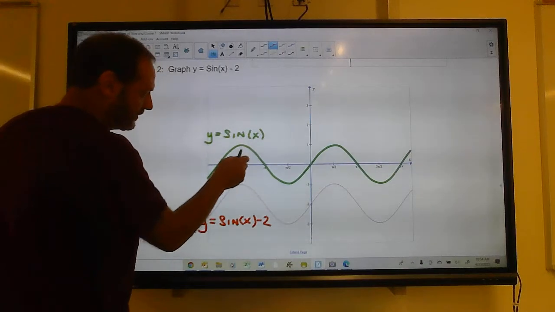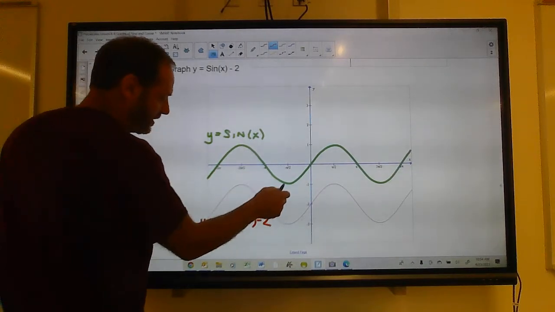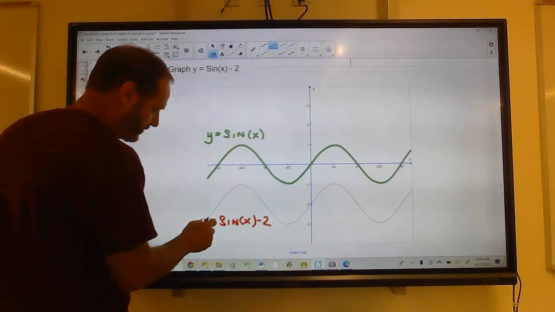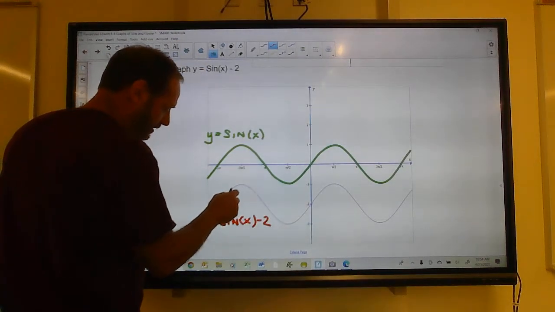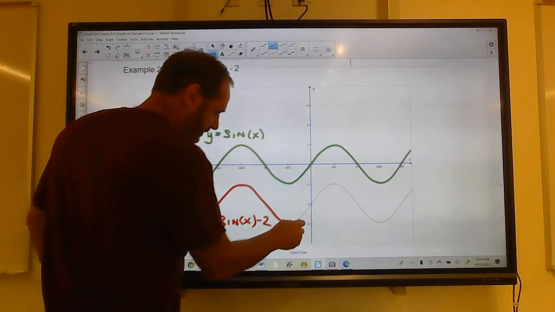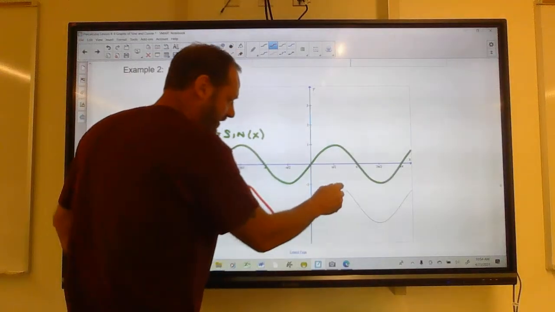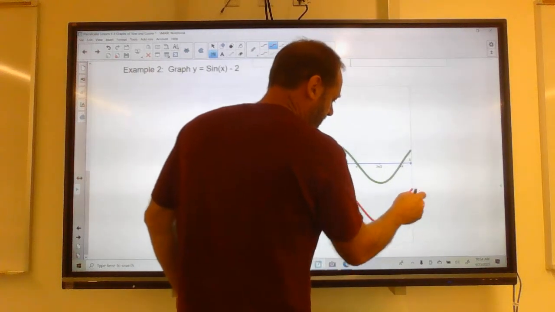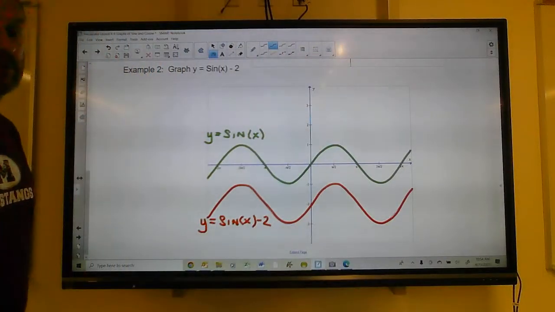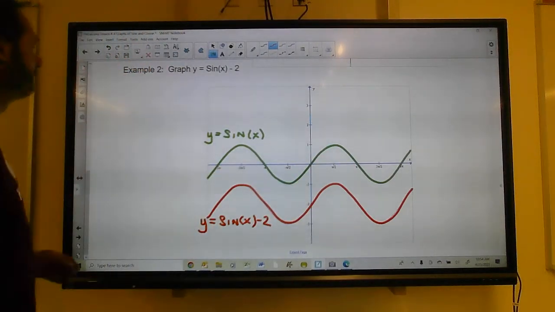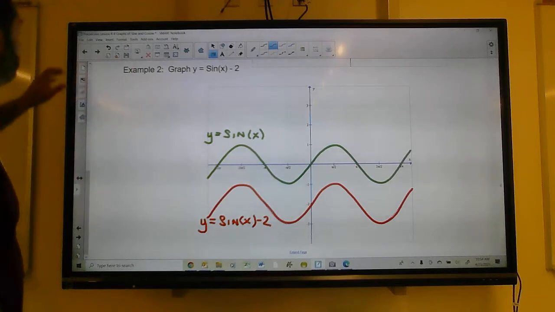Okay, so the 1s are now at -1, the -1s are now at -3, and the zeros are now at -2. So I get this curve right here. So adding or subtracting a number to the end of a function, or the beginning, is pretty easy to graph using transformations. Just got to be able to graph the original one and then you just move it up or down, whatever that number is.